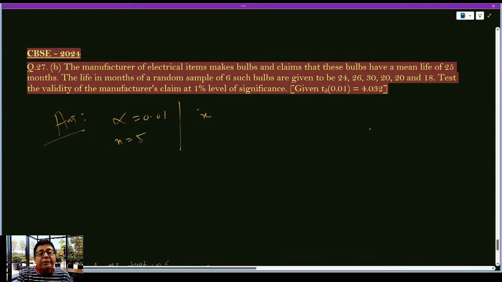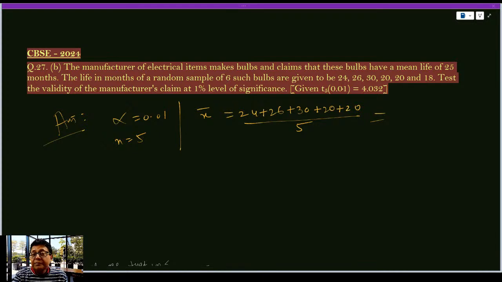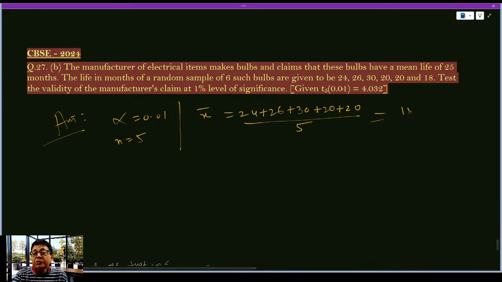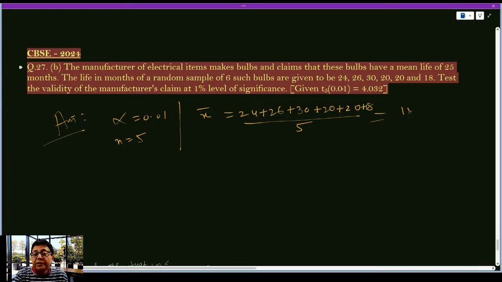So you find x bar first. See, in both questions they have not taken very large data. Divide by 5, just add and divide. Oh no, sorry, one more is there, 18.